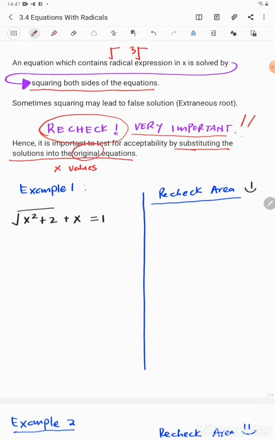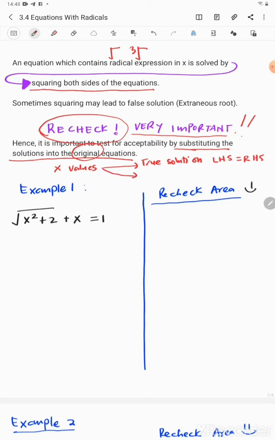There are 3 possibilities of answers. Sometimes your solution might be a true solution. When do we get a true solution? When the left hand side is equal to the right hand side. When we substitute the x value into the equation, we get the same answer on both sides. That means it is a true solution.